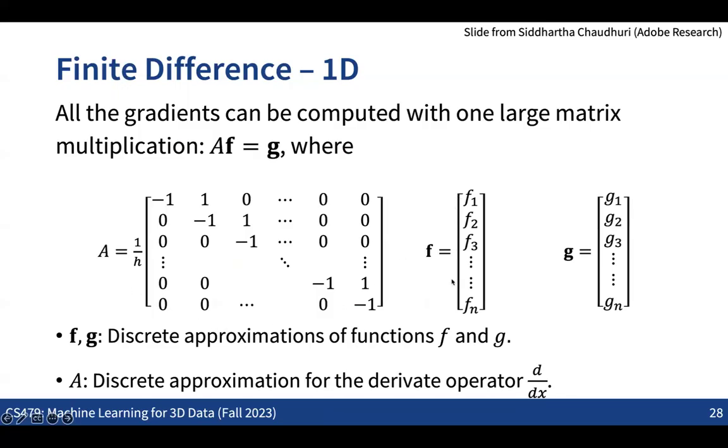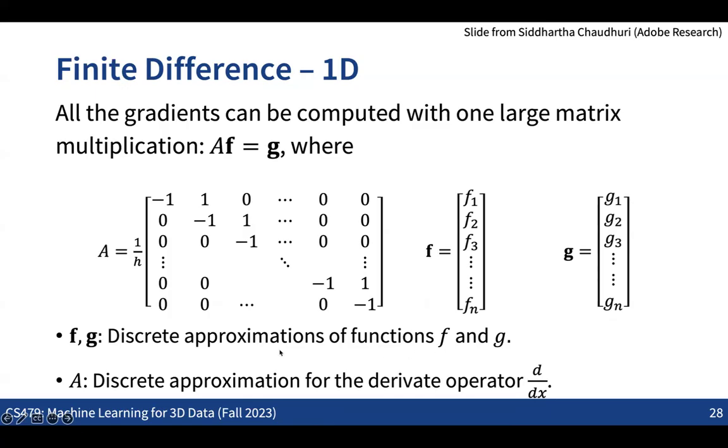We are given the function, the vector form of the function here, and we define this large matrix A, which plays the role of computing the gradient of the function. By multiplying this big matrix and the function value here, what we get is an approximation of the first derivative, the gradient in the 1D case, right?